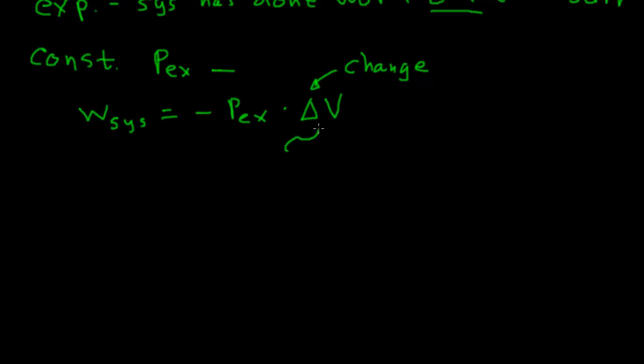So this whole term right here, we can rewrite as V_F minus V_I, the final volume minus the initial volume. And that's how we can calculate the work that gets done. All right, so let's think about this with two example problems. So we'll look at that next.